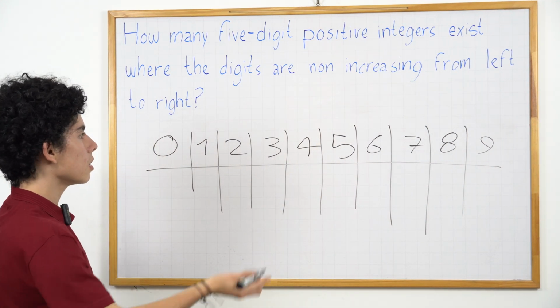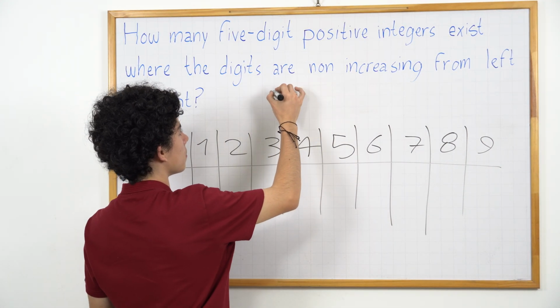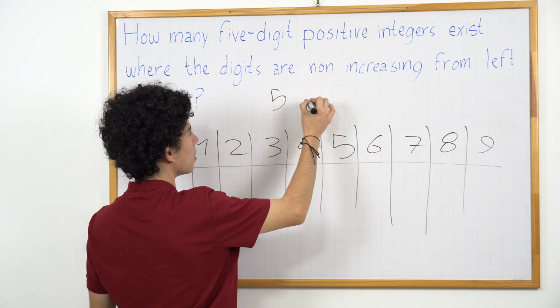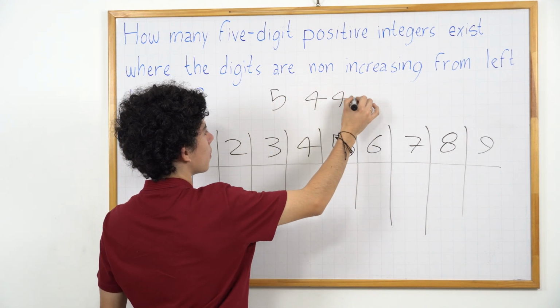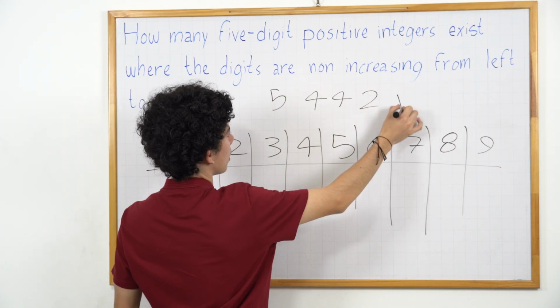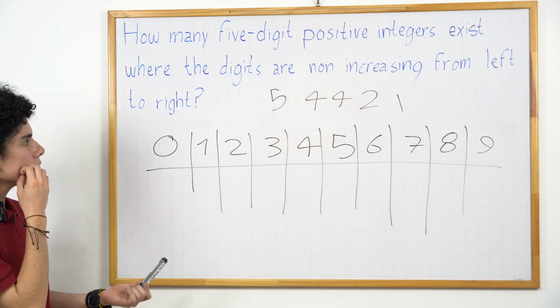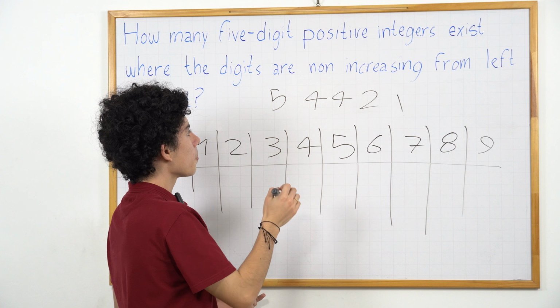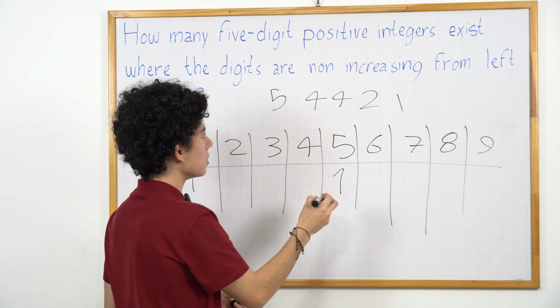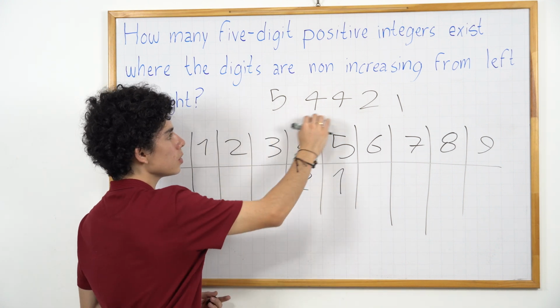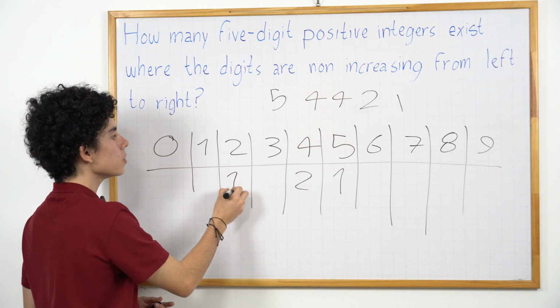Let's say we have another arbitrary number, 5, 4, 4, 2, 1. What we're going to do is put 1 under 5, then 2 under 4, because we have two 4s, then 1 under 2, and 1 under 1.